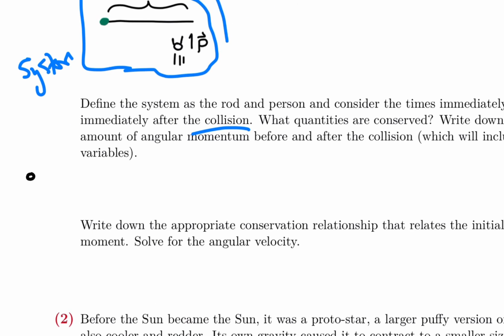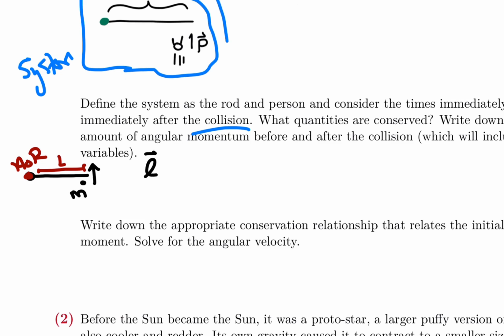So essentially you can think of this as a rod, which is not moving, and then you have a point particle with some mass little m that is moving towards the rod. And this pivot is going to serve as our axis of rotation. Immediately before the mass hits the rod, it is essentially a length L away from the axis of rotation.